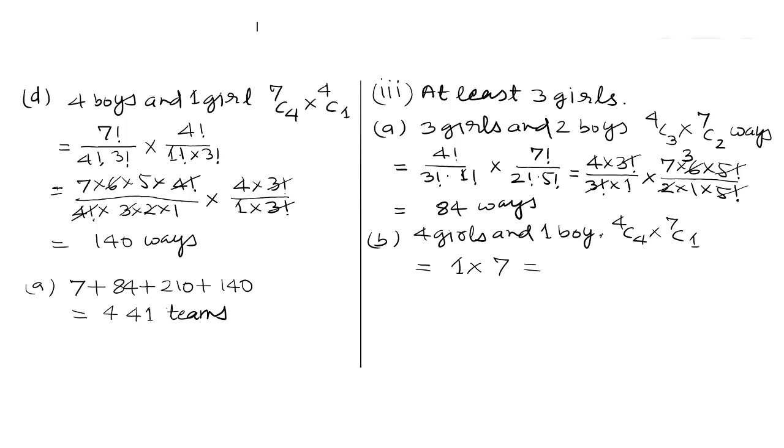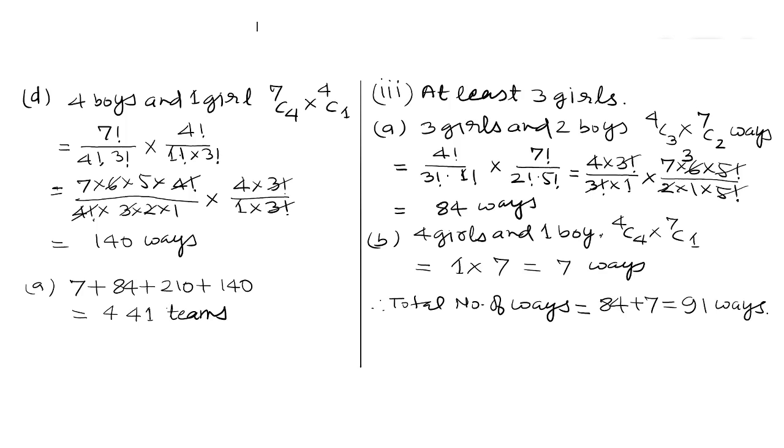This gives us 7 ways. So total number of ways equal to 84 plus 7 equal to 91 ways. So there are 91 ways of selecting at least 3 girls in a team of 5 persons.